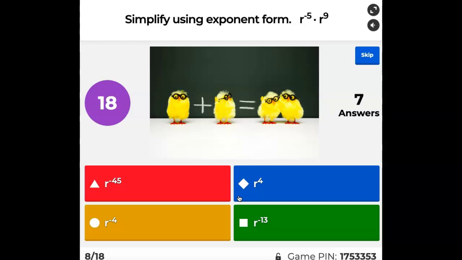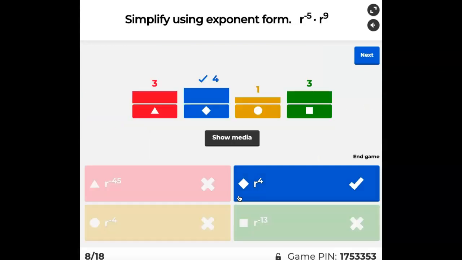Let's see if you could get this one. So it's all scattered all over the place. This is one of the questions that I told you.